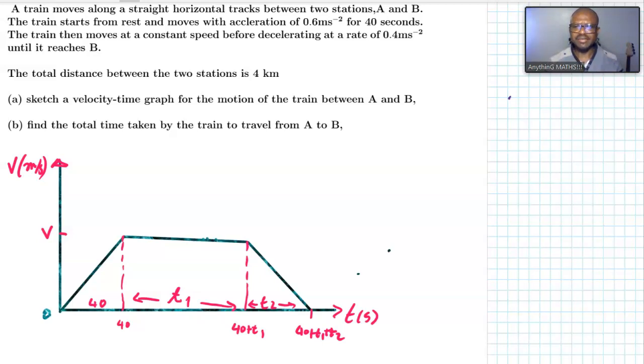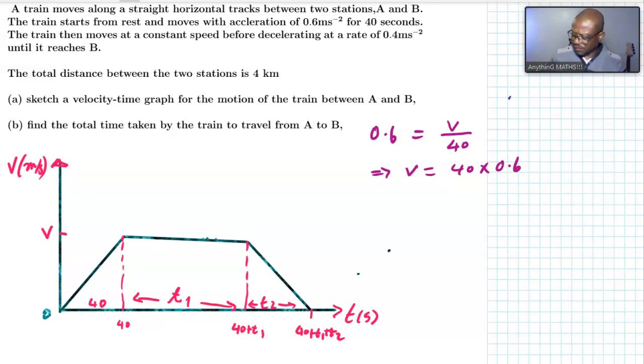When you look at the acceleration, we are told it accelerates at 0.6 for 40 seconds. So now we can write 0.6 is equal to the change in velocity, which is V, all over 40. And therefore, V will be 40 times 0.6.